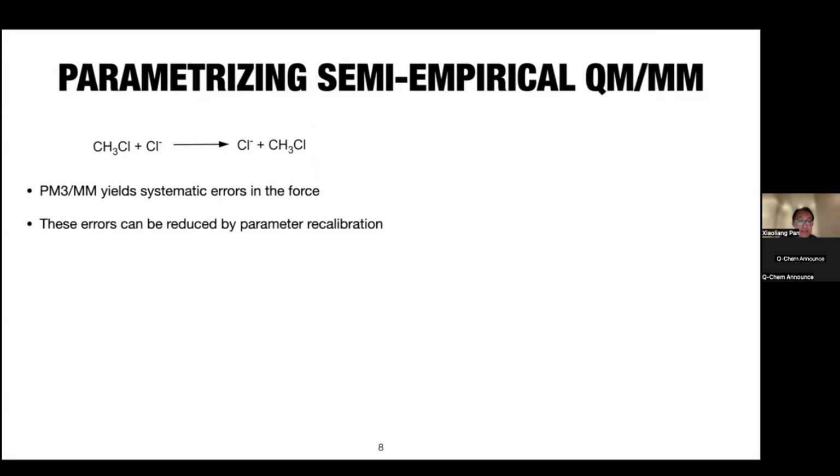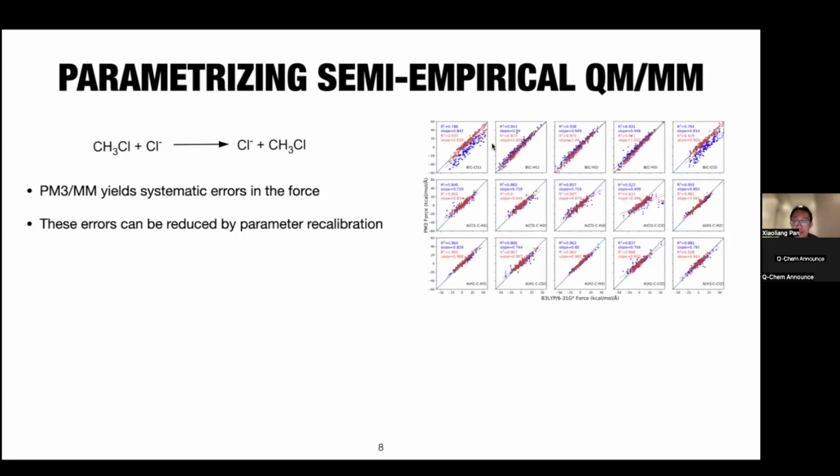For example, in this simple SN2 reaction in water, if we project the internal forces and compare with the DFT ones, each one is a force component. If the dots are on the diagonal, that means it's the same as the DFT force. You can see the two most important force components are the bond-breaking and bond-forming distance forces, these two.